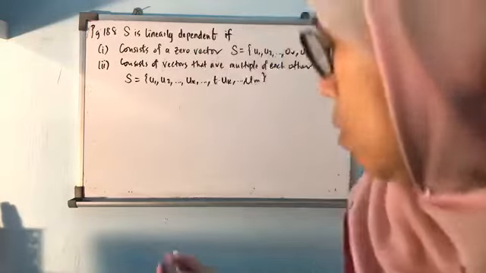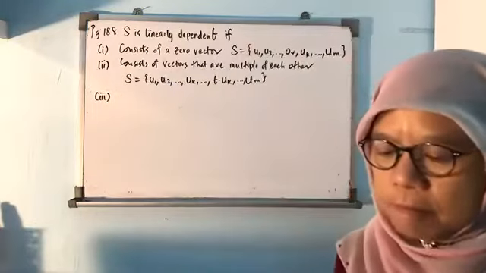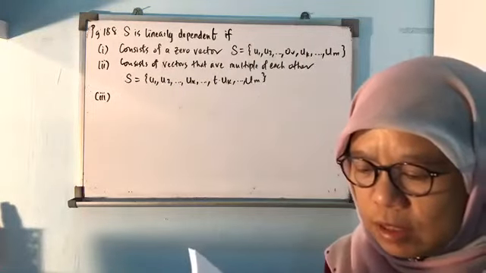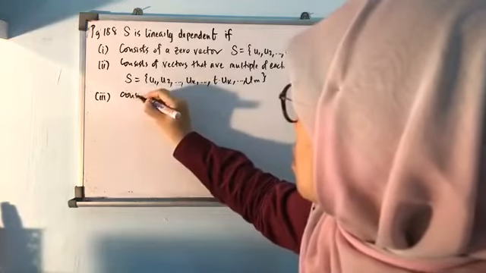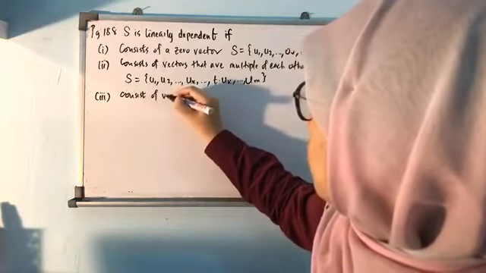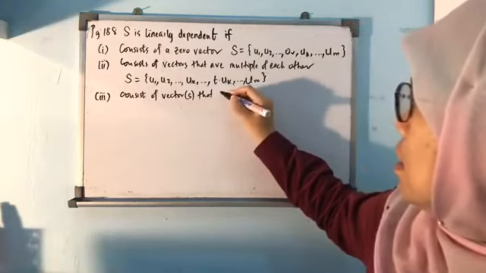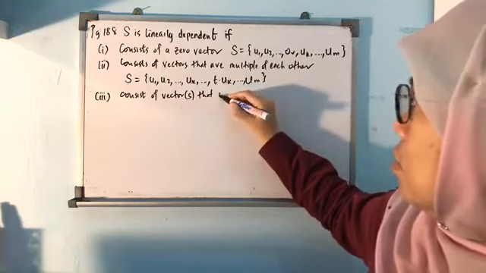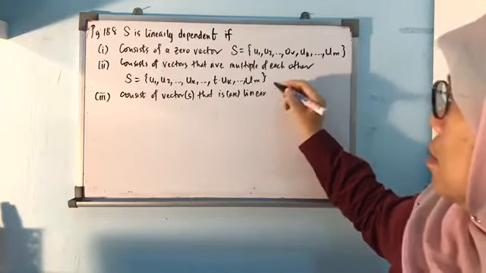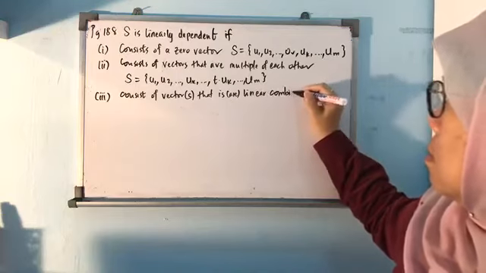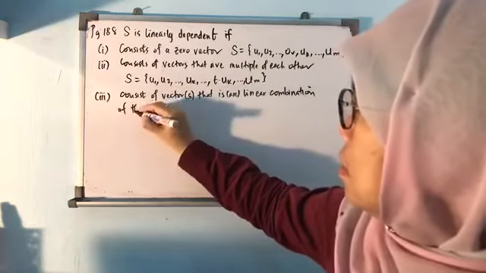And then the third one, which we also did earlier, is linear combination. One or more vectors is a linear combination of the others.